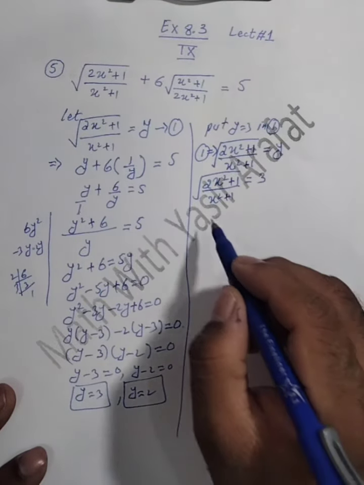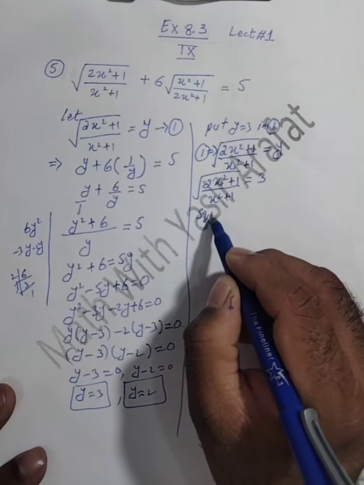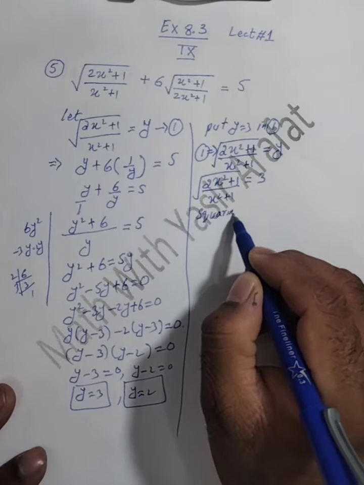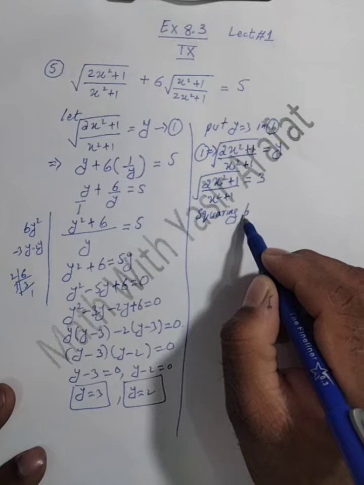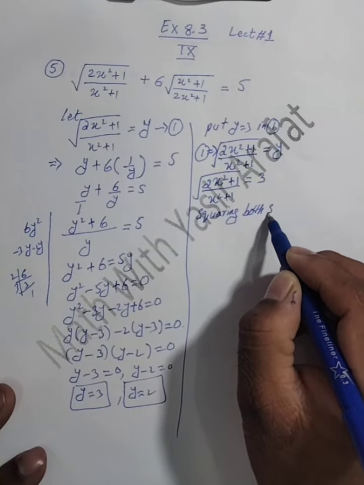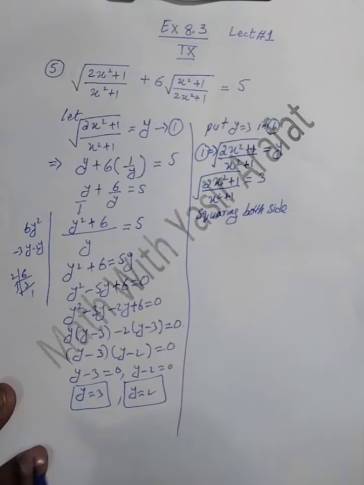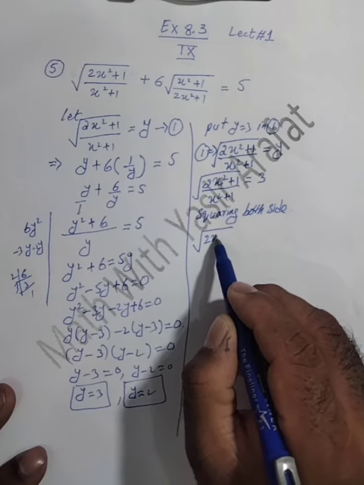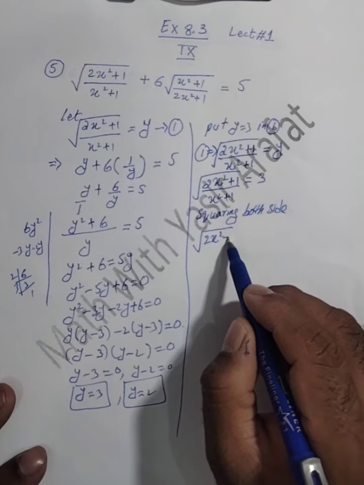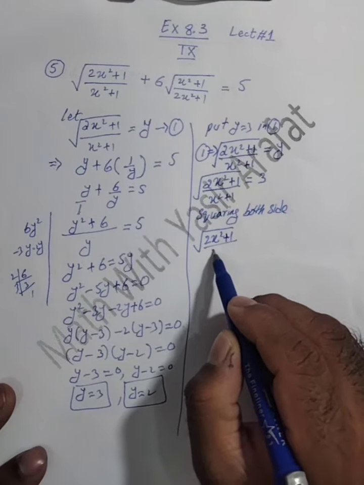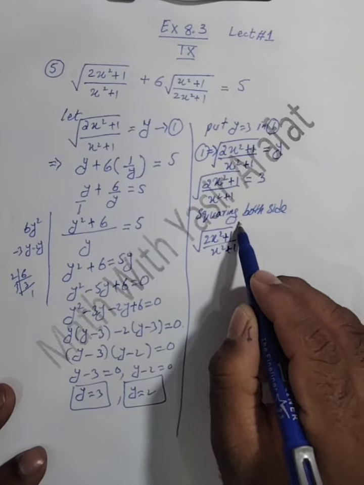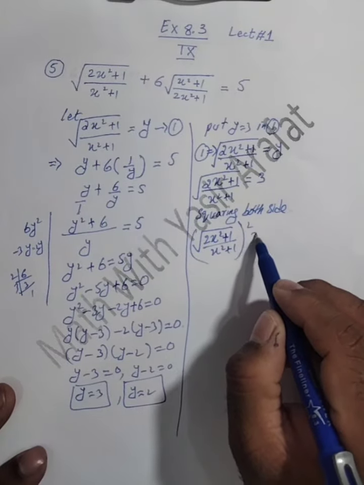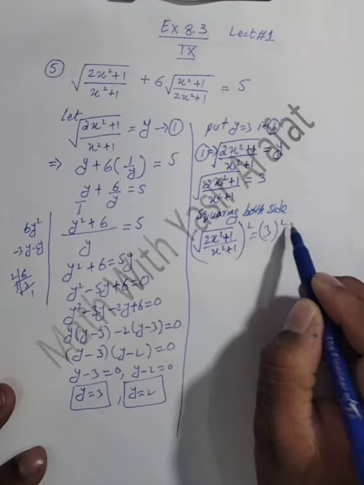It is 3. Now squaring both sides. So just take out the square on both sides: 2x square plus 1 over x square plus 1 to the whole square and 3 square.